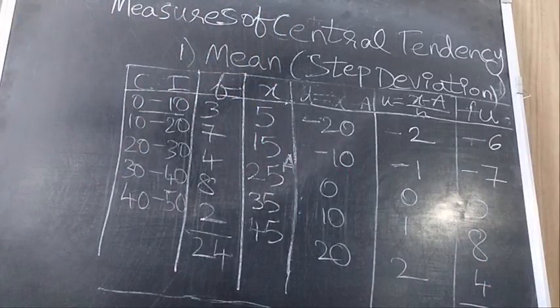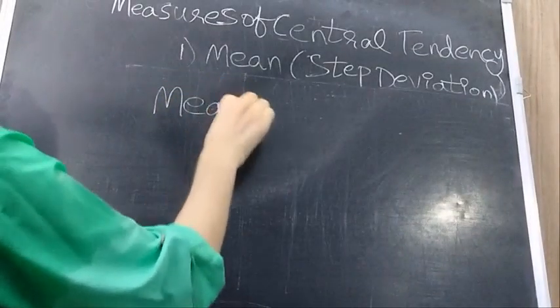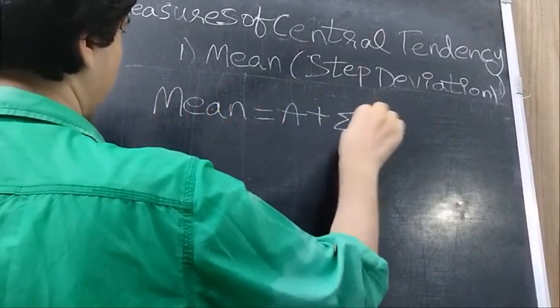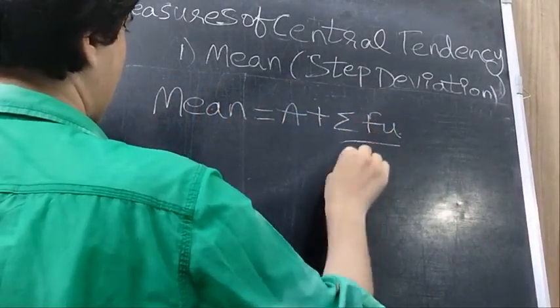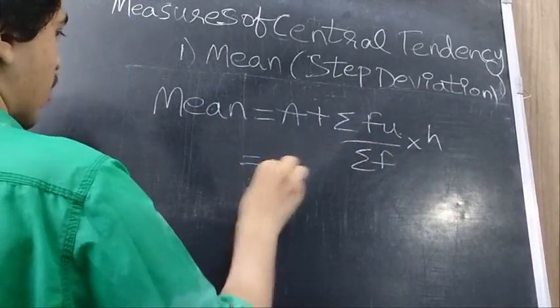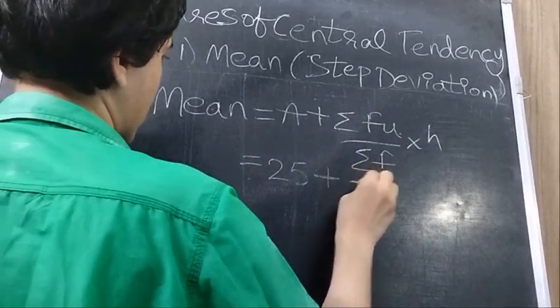Now I will explain the formula first. The mean formula in the step deviation method is mean equals a plus sigma fu by sigma f, into h. What is a? We have taken it as 25, plus minus 1 sigma fu.